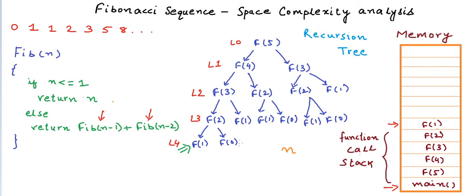So in this case, the space consumption is proportional to n, and we can also say that this is big O of n in terms of space complexity. In general, the space complexity of a recursive program would be of the order of the max depth of the recursion tree. So this was the space complexity analysis of the simple recursive implementation of the Fibonacci sequence.